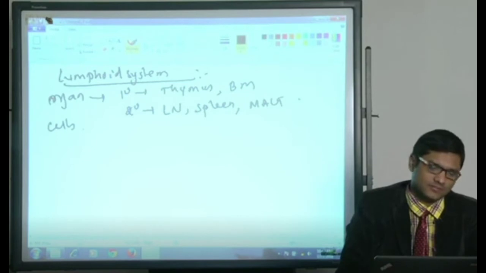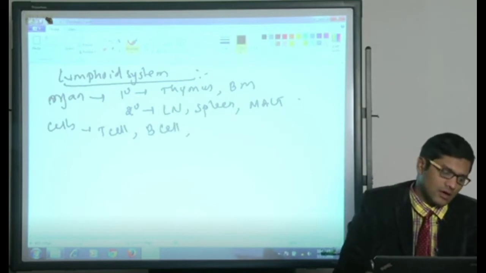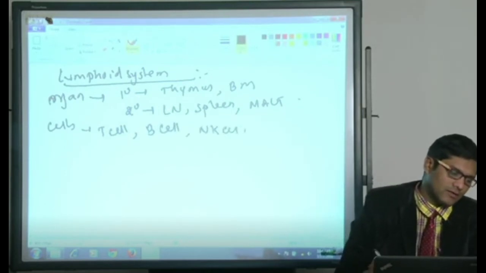Lymphoid cells could be T cell, B cell, NK cell, all these are lymphoid cells.